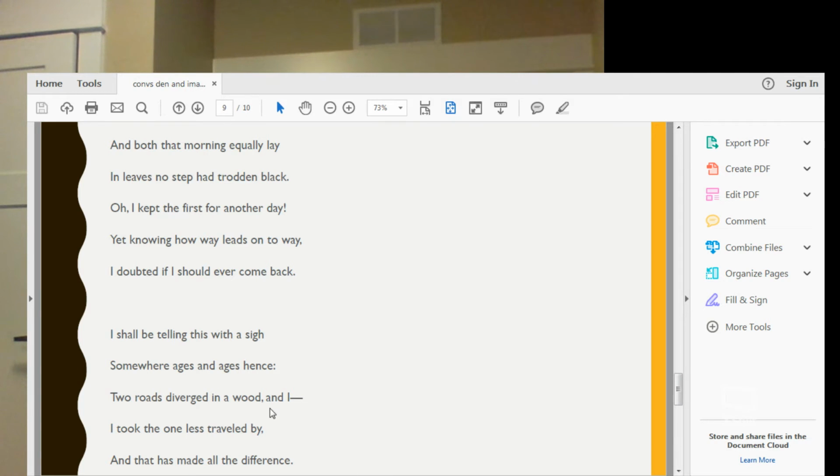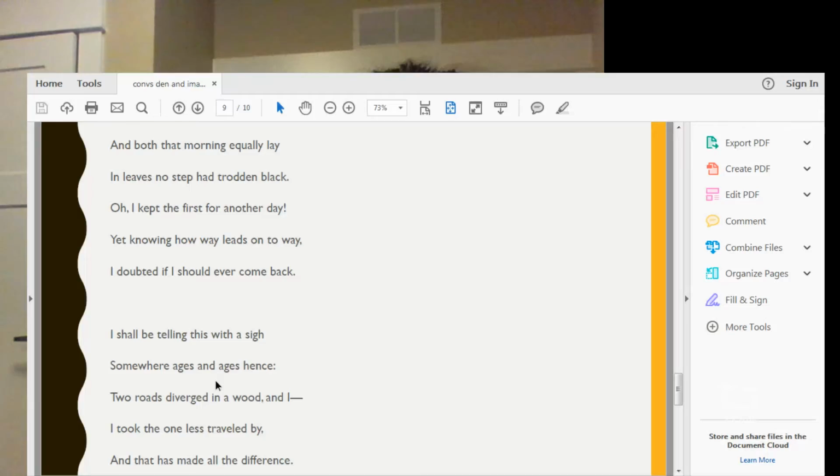So you guys know when, especially here in Idaho, when you're outside and the season's kind of changing. Fall's awesome, but another thing that comes with fall is sometimes it gets kind of wet and smushy, and all the leaves turn black. Oh, I kept the first for another day, talking about another road.